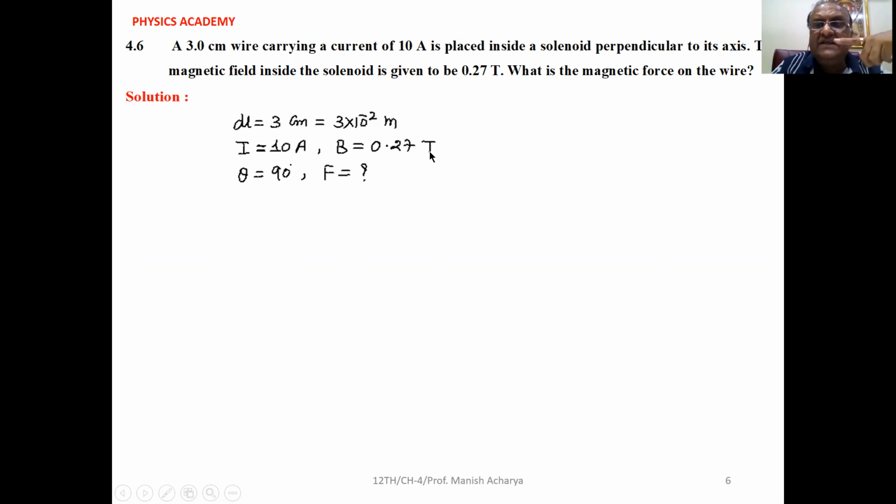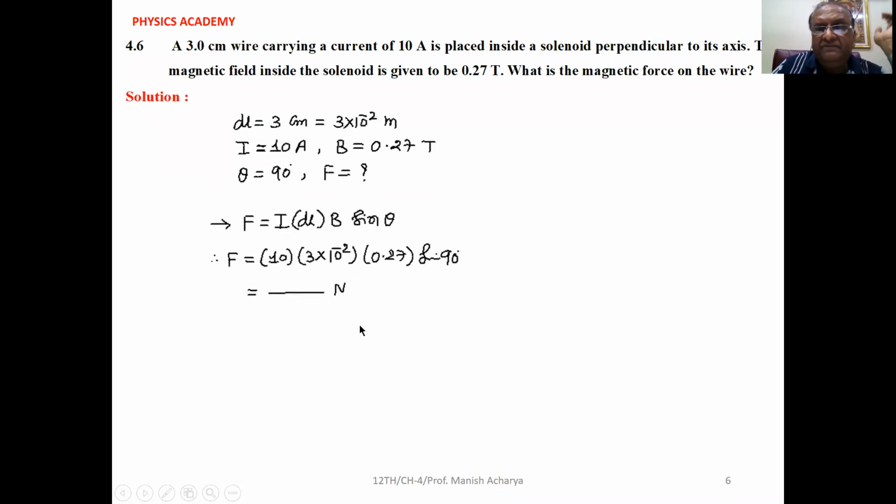And we know that inside the solenoid, the magnetic field is along the axis. And here the wire is placed perpendicular to the axis. It implies that the wire is perpendicular to the magnetic field. So theta is 90. Now what is the force acting on it?